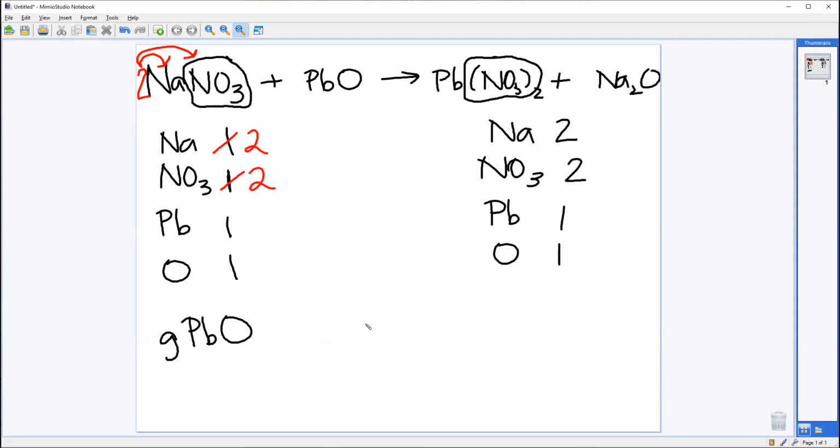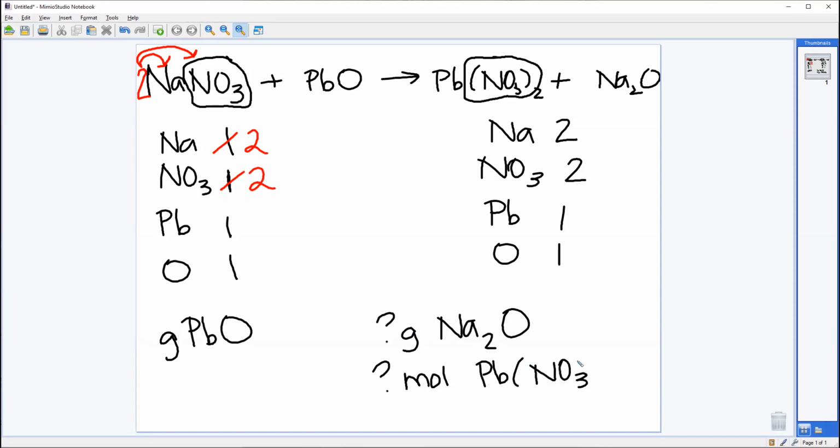And I'm asked to figure out some other piece of information, like how many grams of sodium oxide, or how many moles of lead 2 nitrate can be formed, or how many molecules are formed. So I'm given some starting piece of information and then asked to figure out something else about it.